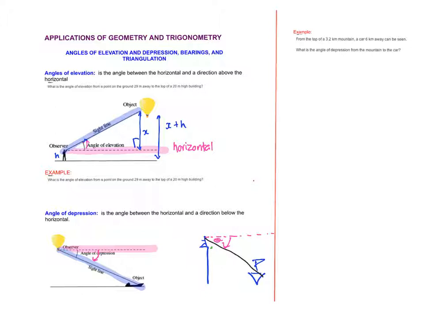So the angle of elevation and depression are always measured from that horizontal line. Now, the angle of depression and elevation are equal to each other. If that was, say, 20 degrees, then this is also 20 degrees if you're going from the boat up. Another common little one: you've got your cat looking up at the bird in the tree.